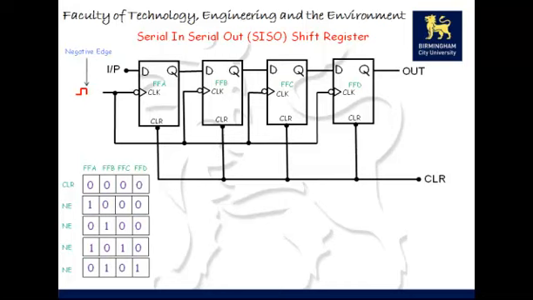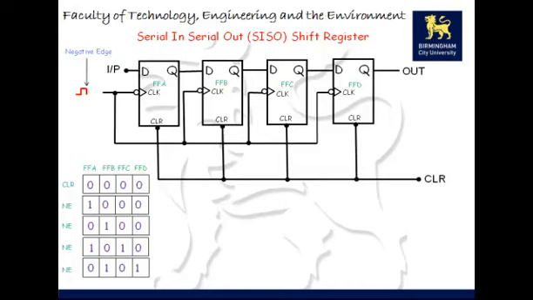Now, there is only one output from this shift register. That's the out. This is the flip-flop on the extreme right, and that's the output there.